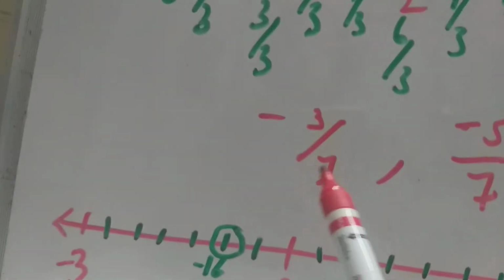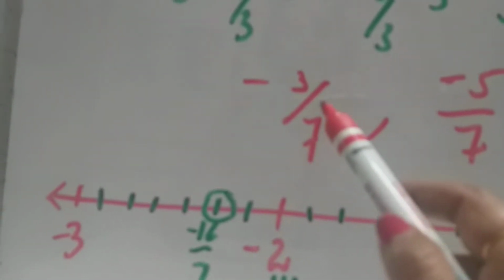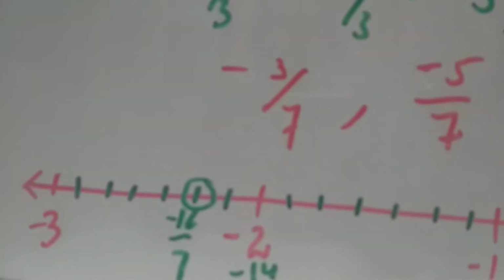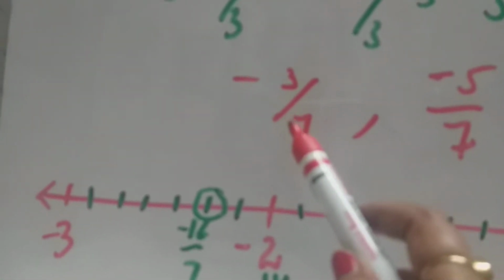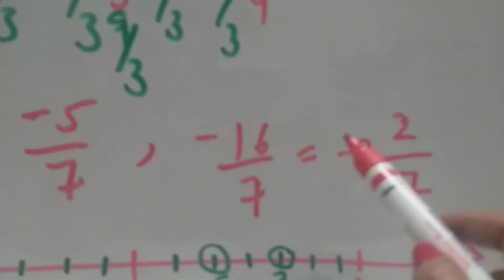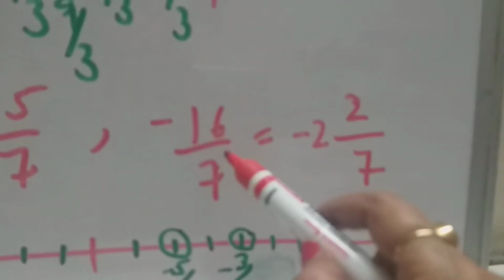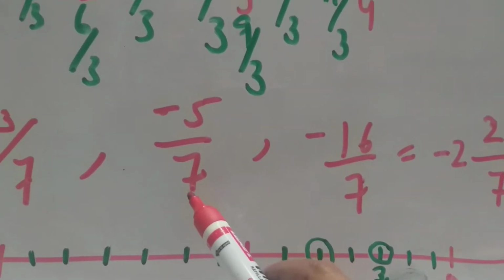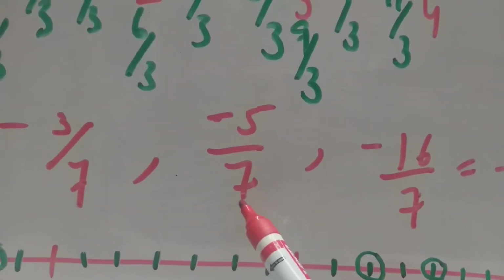Now here, because the denominator is 7, and here again the numerator is smaller, this number will lie between 0 and minus 1, and minus 16 upon 7 will lie between minus 2 and minus 3. And this minus 5 upon 7 again lies between 0 and minus 1.